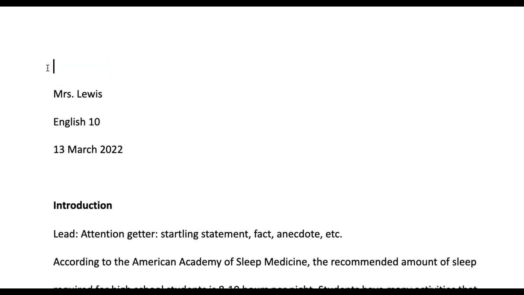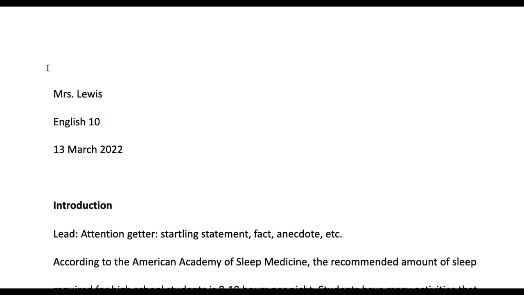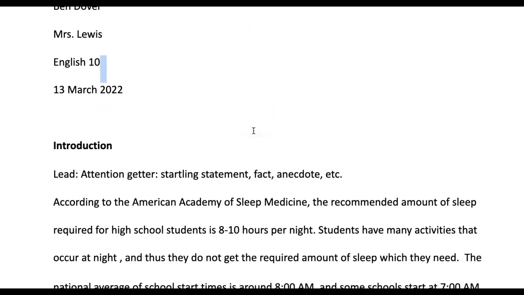So we'll choose our good friend Stu, Mr. Stu Dent. Or maybe we should do our good friend Ben Dover. Not sure why it made it bolded, but it should not be bolded. There we go. Let's highlight that. So our good friend Ben Dover is the author of our paper.